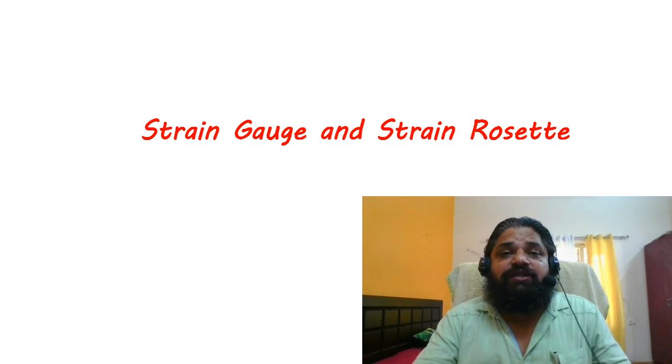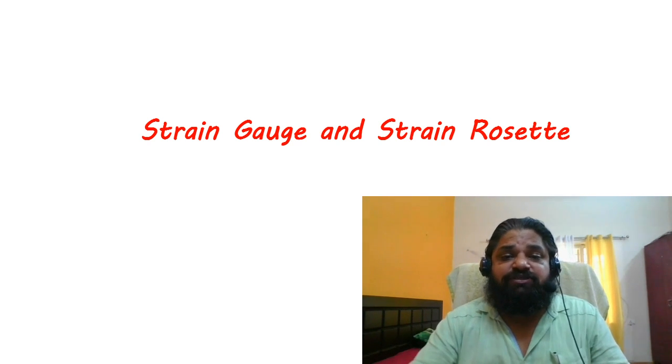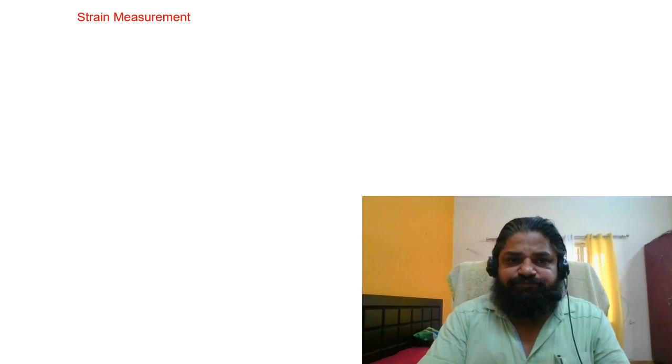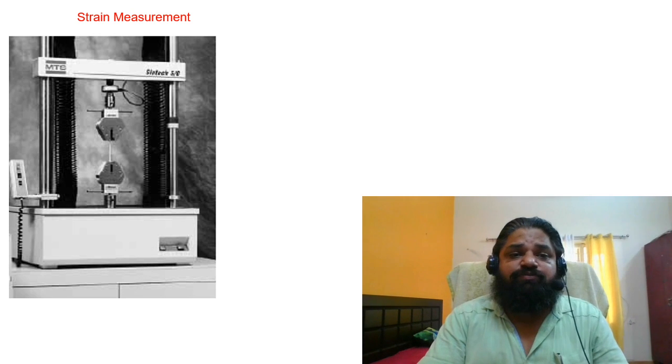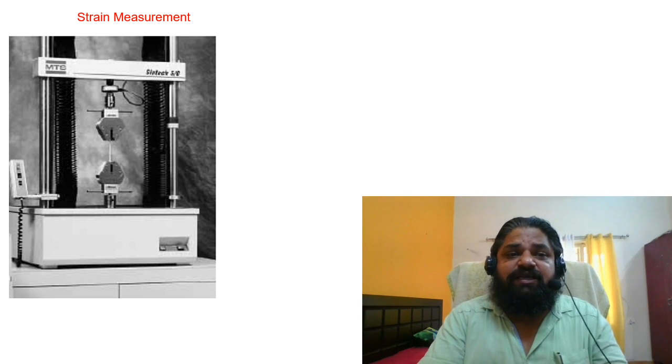It refers to a universal tensile test machine, and such machines are normally utilized to find out the stress strain behavior and the corresponding very basic properties of any material.